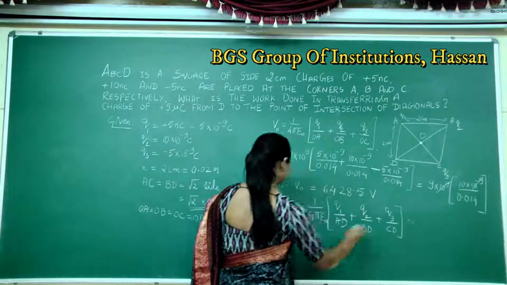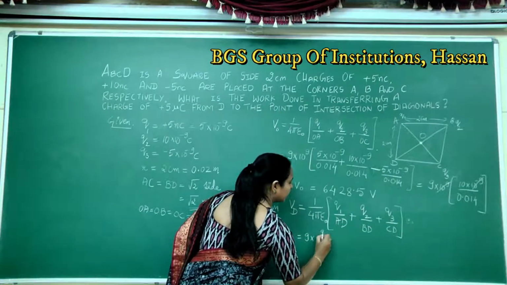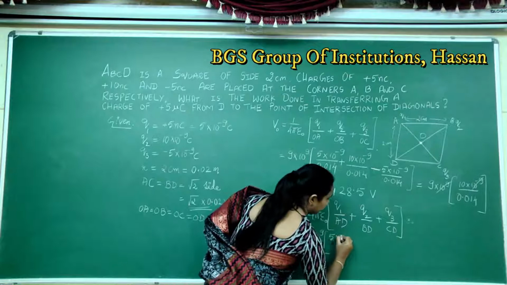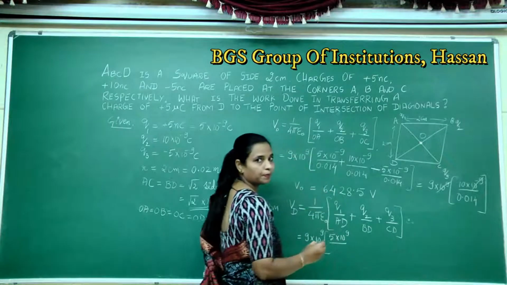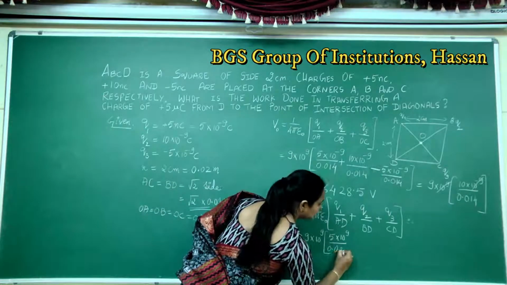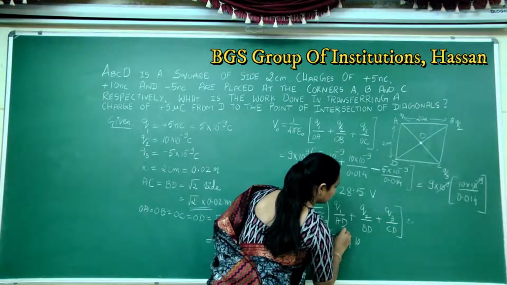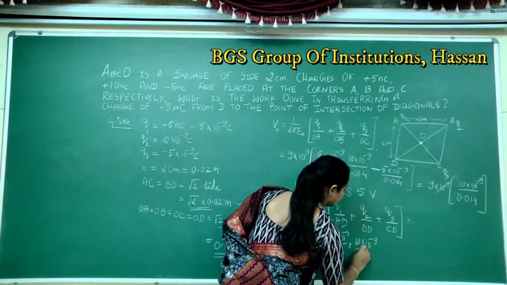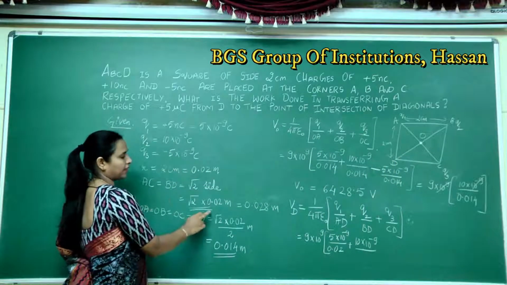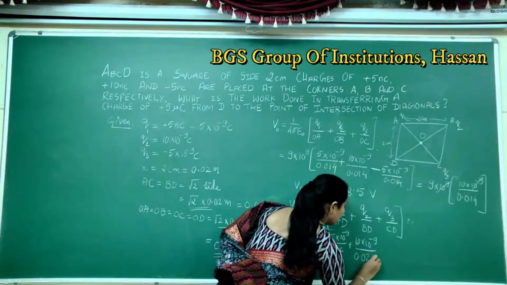Substitute the values. We have 1 by 4 pi epsilon naught is 9 into 10 power 9. Q1 is 5 into 10 power minus 9. What is AD? AD is the side. And what is the side? 0.02 plus Q2 is 10 into 10 power minus 9 divided by, what is BD? BD is the diagonal, and we have calculated BD. How much it is? 0.028.